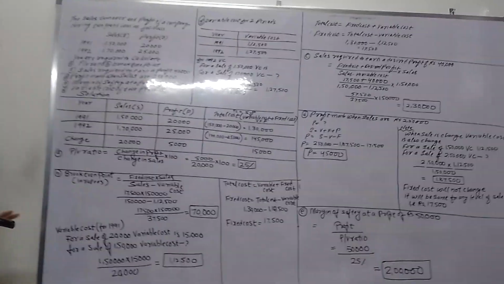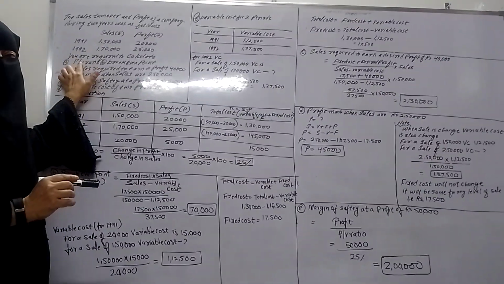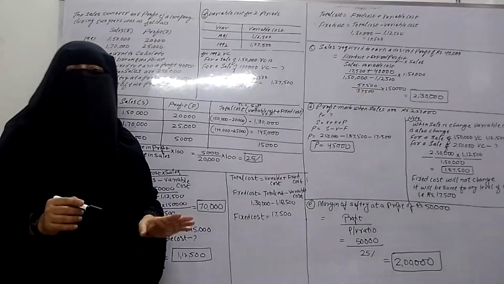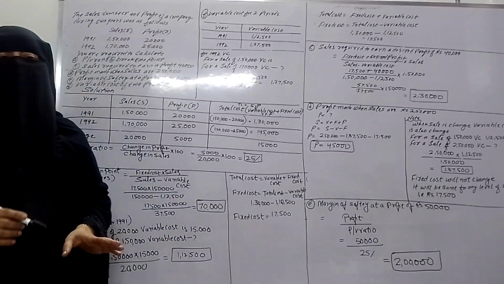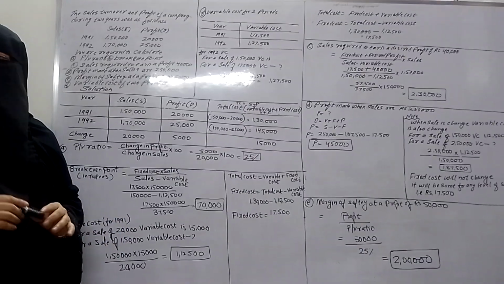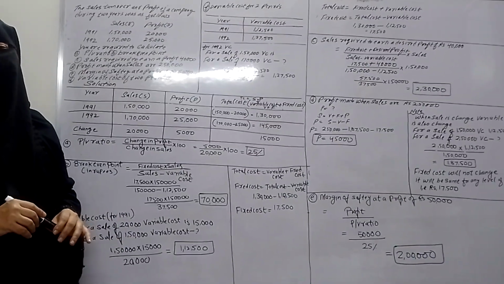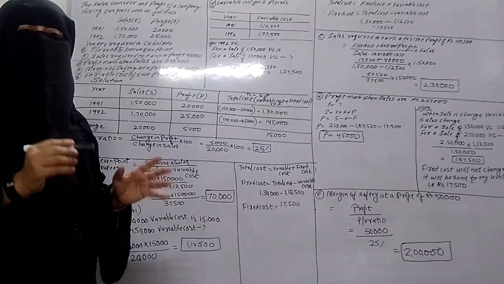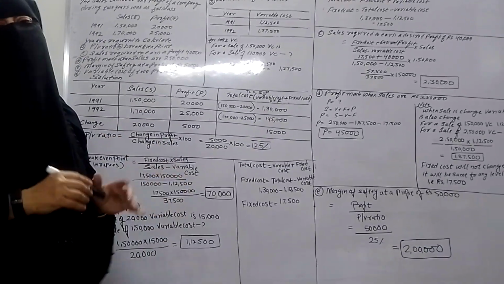Now the question is asking you to find the PV ratio. For finding the PV ratio we have a formula, contribution by sales, and one more formula, change in profit by change in sales. That formula we apply when two periods information is given.